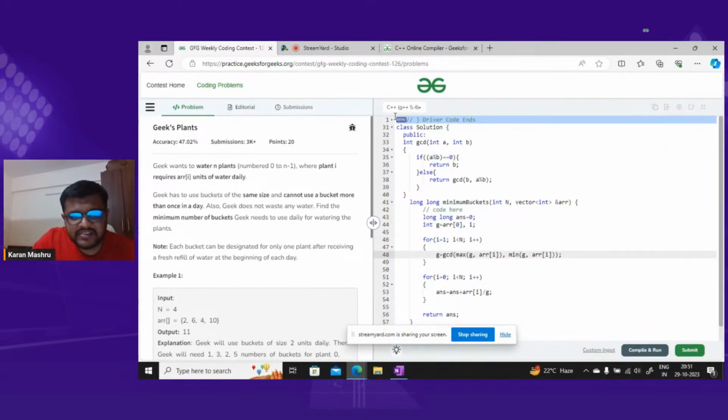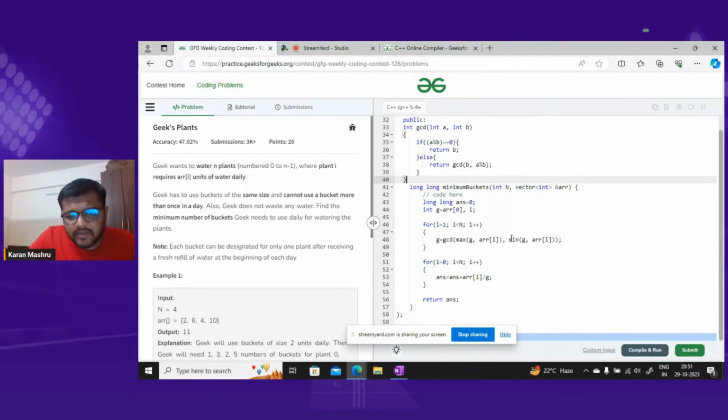Okay, and this is Euclid's GCD function, where GCD of a, b is: if a modulo b is 0, return b, else return GCD of b comma a modulo b. This gives the GCD value between two numbers in a very small amount of time, almost constant.